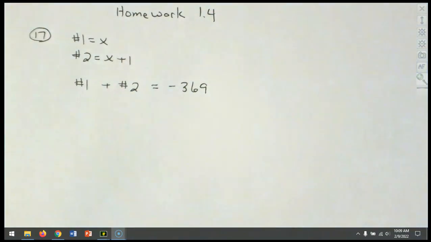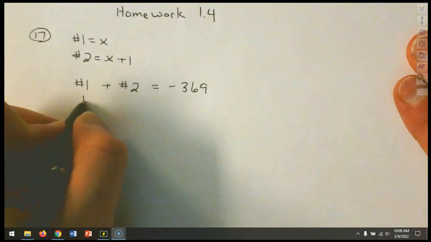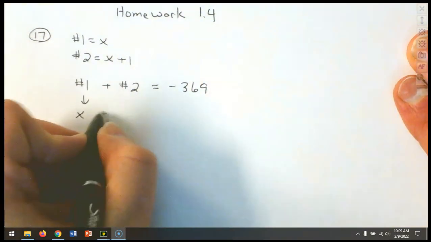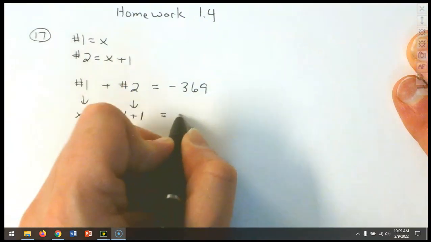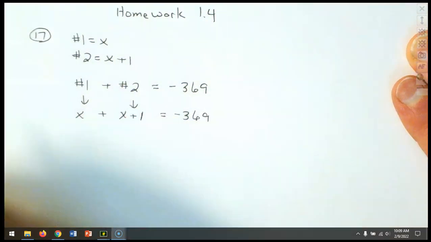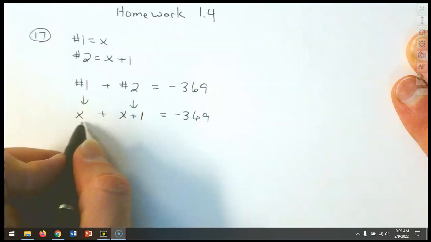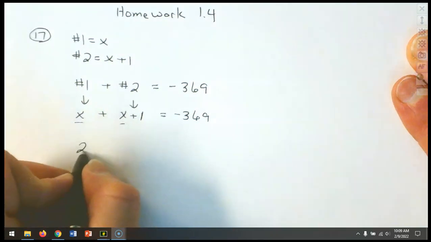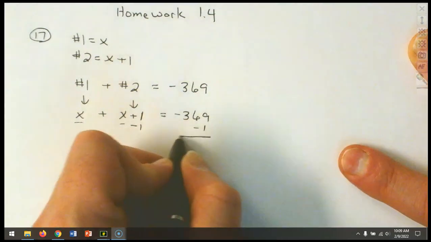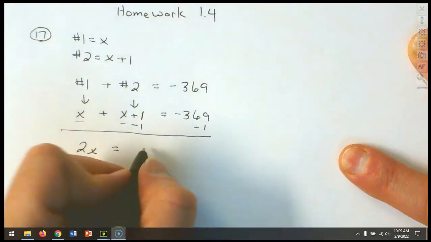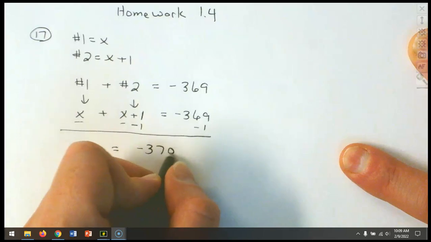Okay. Very, very simple to do. Plug in our values, so that's x. Plug in this one, it's x plus 1. We're going to go ahead and combine the x's together. That makes it 2x. Move the 1 over, and that makes it a minus 370.